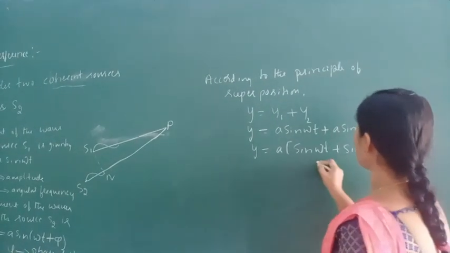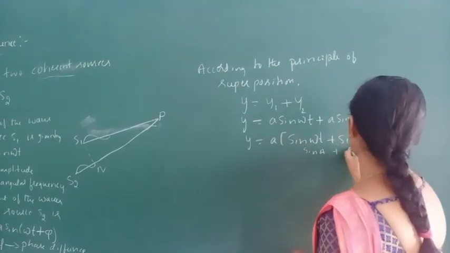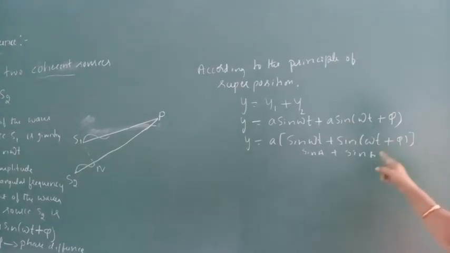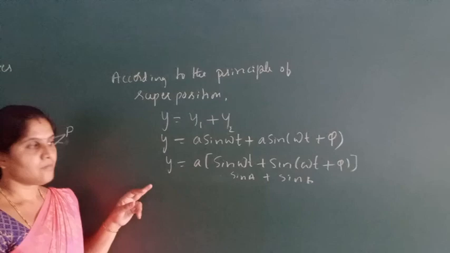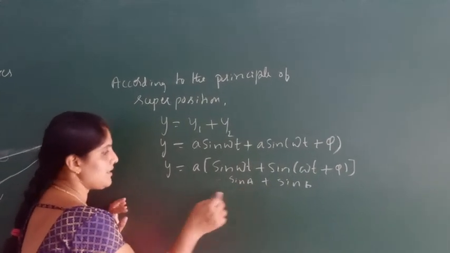So this equation is in the form of sin A plus sin B, where A is omega t and B is omega t plus phi.